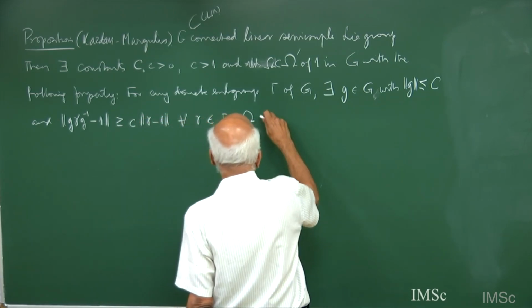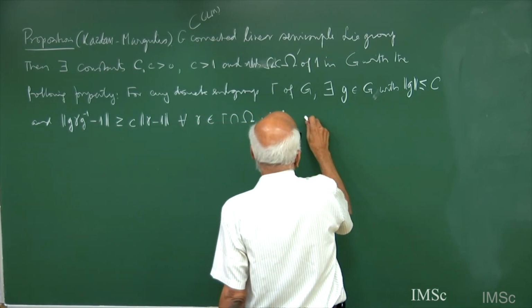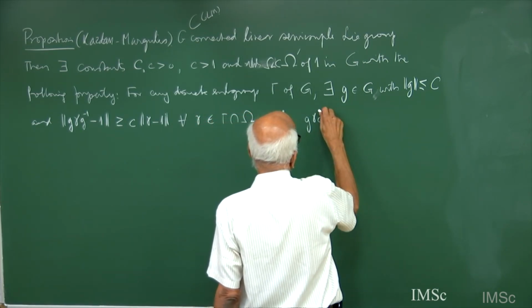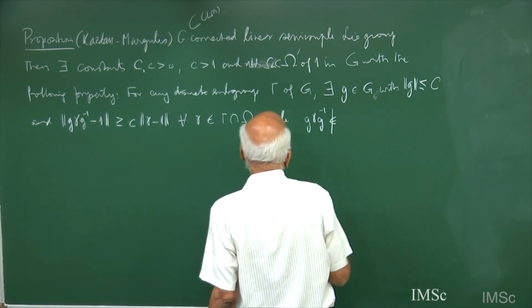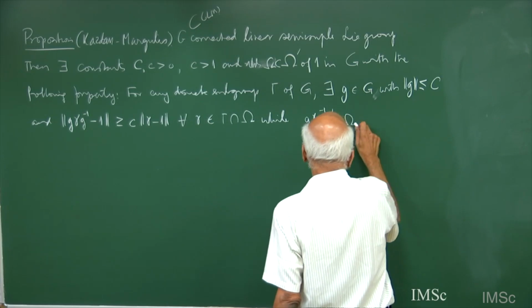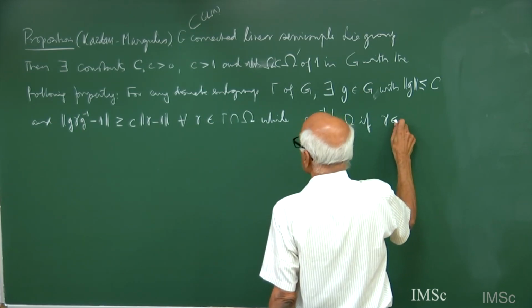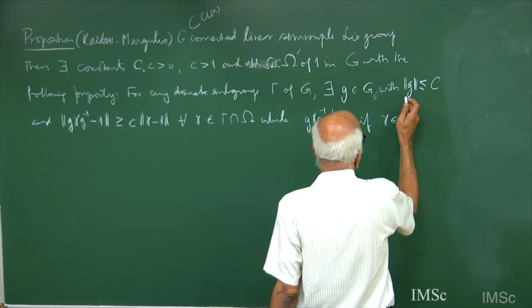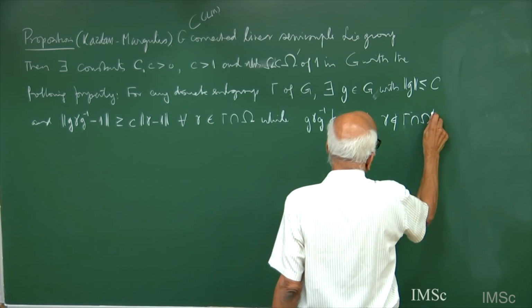while g gamma g inverse is not in omega prime if gamma is not in gamma intersection omega prime.